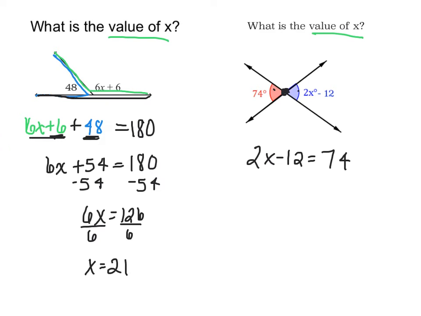From here I'm going to solve by adding 12 to both sides. Since I have a minus 12, cross those off, I'm left with 2x equals 86. Divide by 2 on both sides, and I get x equals 43.